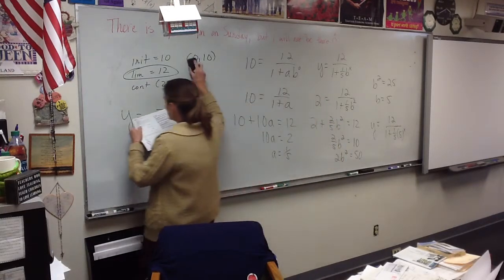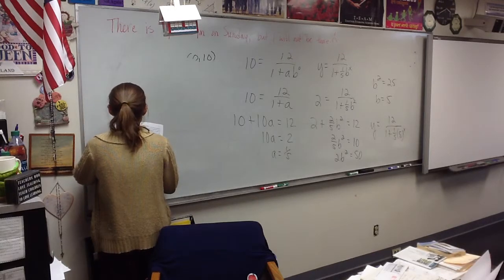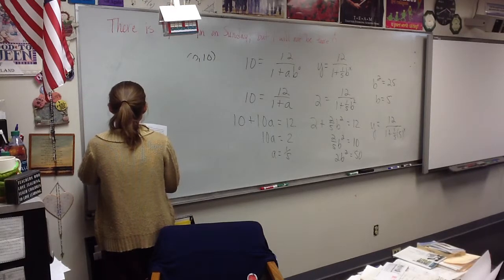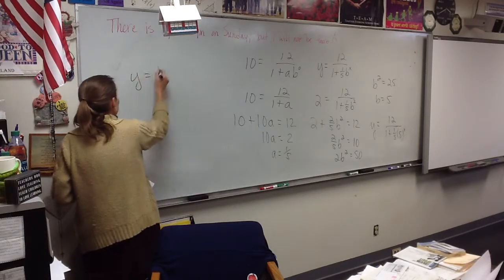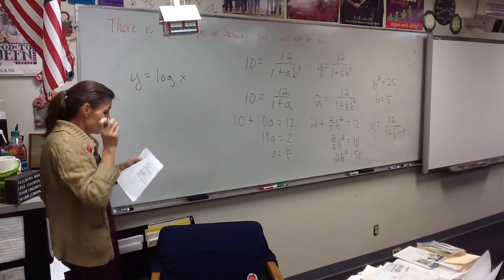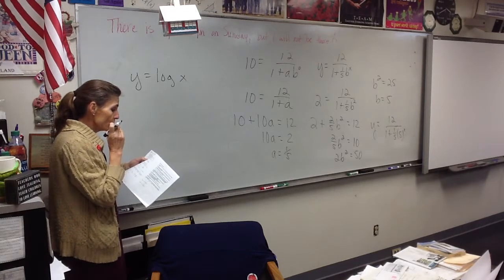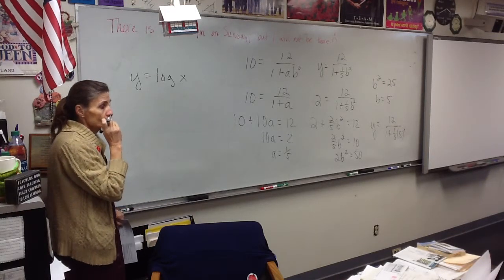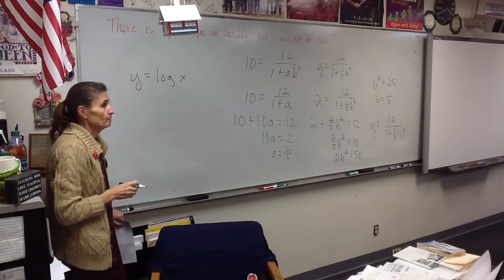And then we're gonna write the equation of the logarithmic function that has been shifted 4 units left and 3 units up. So we're just starting with our basic logarithmic function. Four units left. How would you do that? 4 units left, x plus 4.